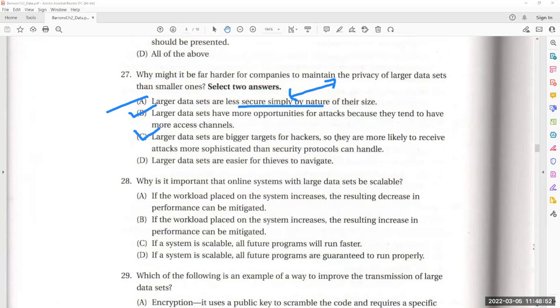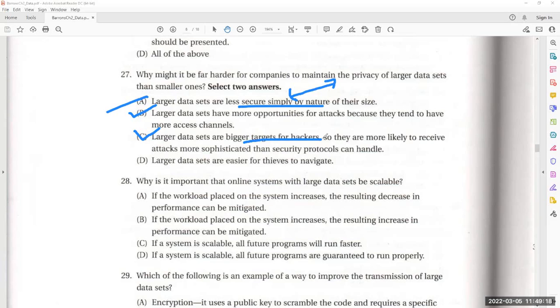Say your IRS database, people try to hack it because they want to clean their tax record, right? Maybe. But if you have a small grocery store's data, nobody cares, right? So basically, C is easier to become a target for hackers.